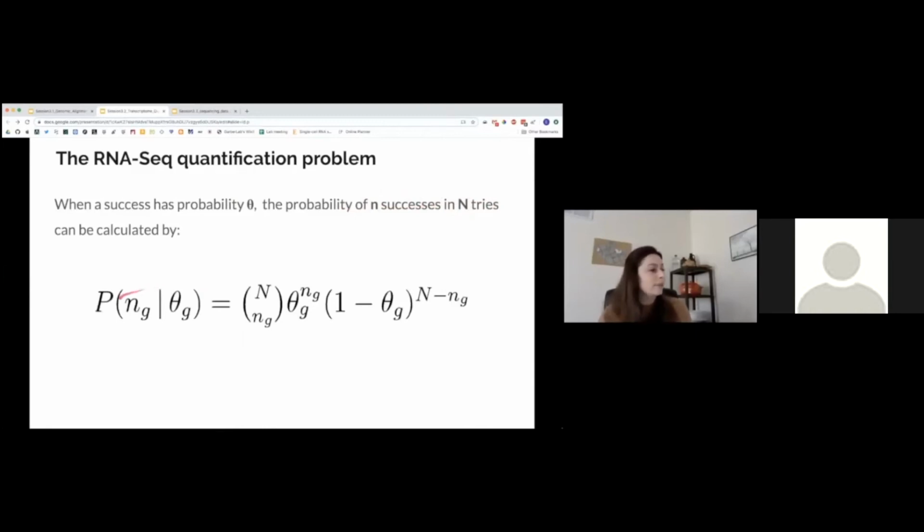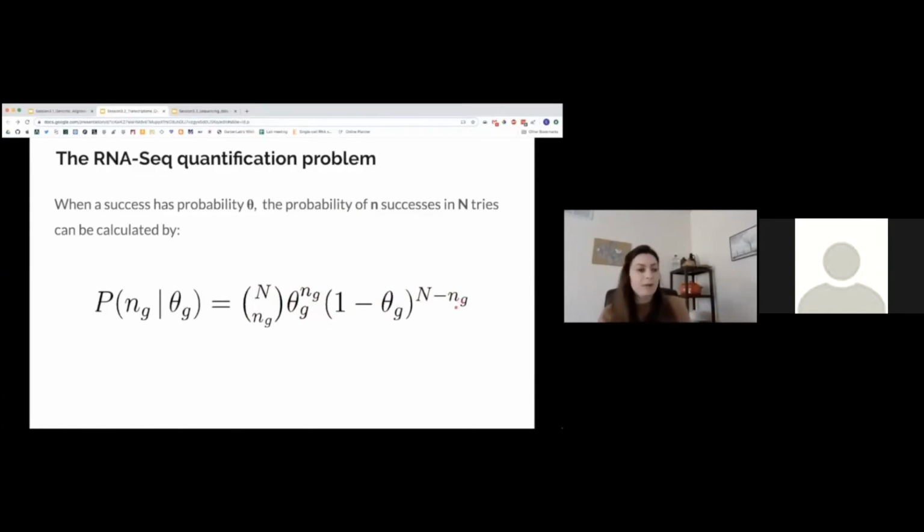It can be written as the probability of obtaining n successes given the relative abundance theta of the gene, and that is equal to the binomial coefficient, which in this case is capital N choose lowercase n, multiplied by the probability of n successes, which is theta to the power of n, multiplied by the probability of having capital N minus lowercase n failures, which is 1 minus theta to the power of capital N minus lowercase n.